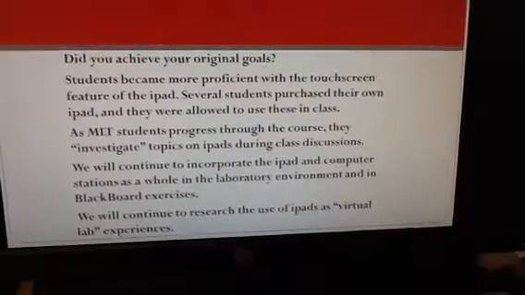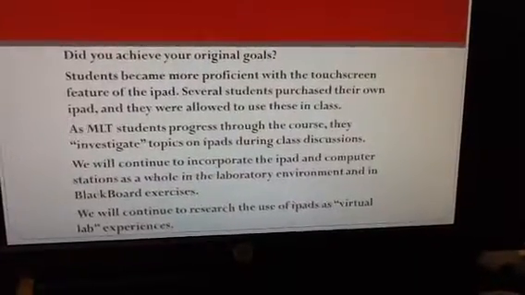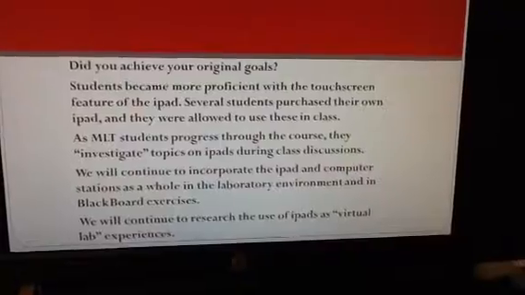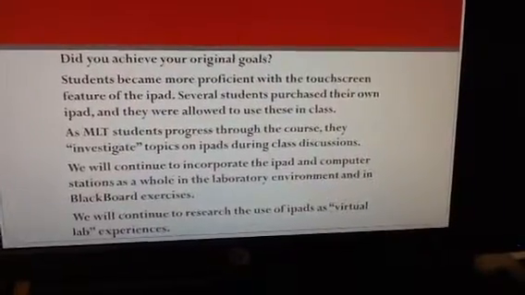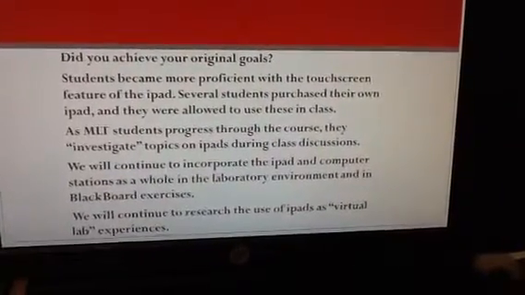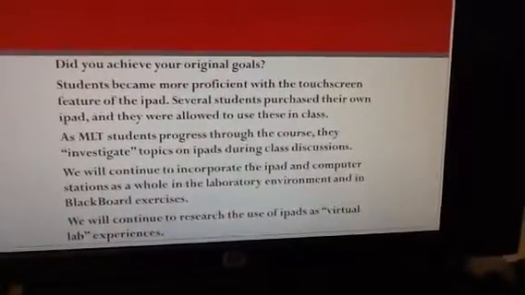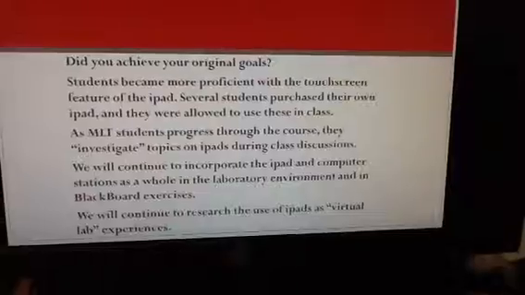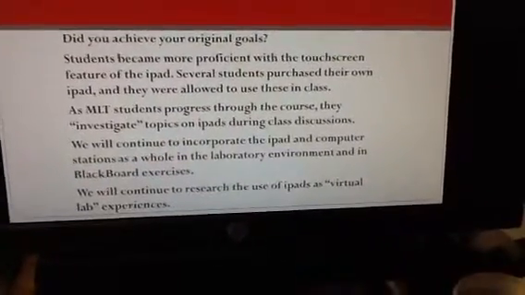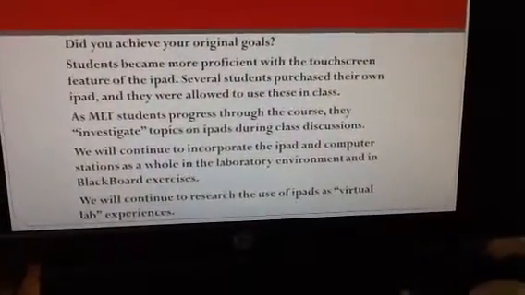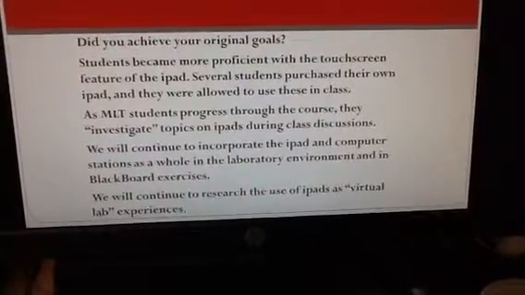And we will continue to research the use of iPads as virtual lab experiences. This is becoming more and more critical as we are challenged by placing students in various clinical sites for all of the departments that they need to be exposed to in their clinical. So this is a continual area that we will look at for exposure.